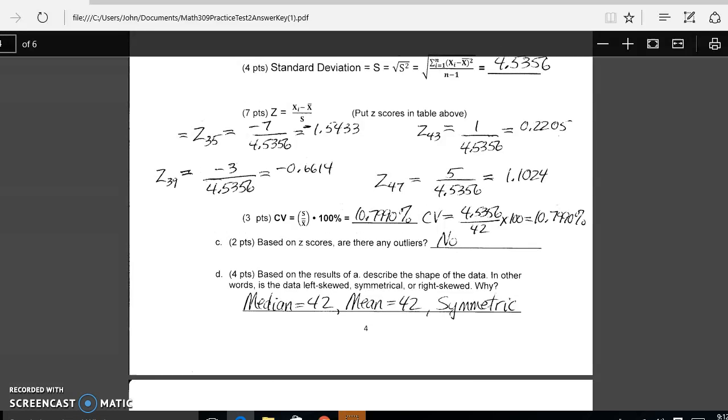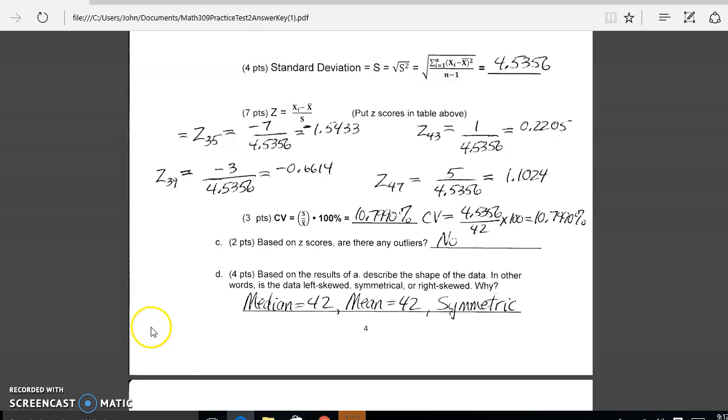The last part of this question is to describe the data, whether it's symmetrical, right skewed, or left skewed. And the way you do that is you first look at your median, which we found to be 42. Then you look at your mean, and if your mean is the same as your median, the data is symmetric.